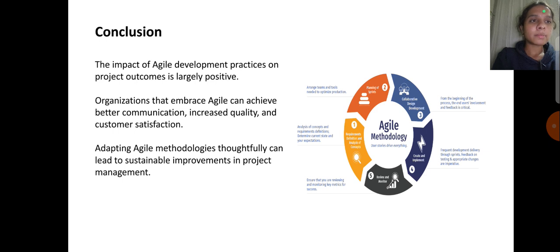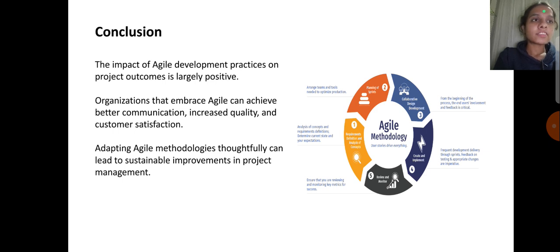And you can see the agile methodology uses stories to drive everything, arranging teams and tools needed to optimize products. Next, analysis of concepts and the requirements definitions: how to determine the current state and your expectations of agile practices. It ensures that you are reviewing and monitoring key factors for success.